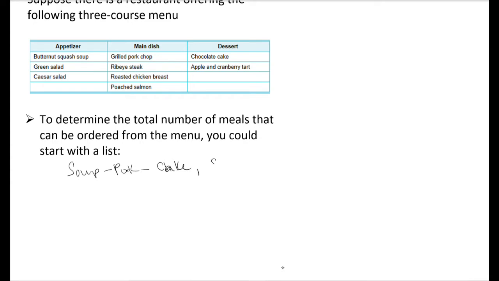Alternatively, you can get the soup, the pork chop dish, and then switch to the tart dessert, and so on and so forth. You can continue listing all the options and get the total number of meals that way. However, we want to be efficient with this process, so let's look at another option.